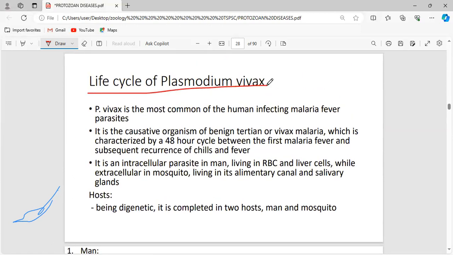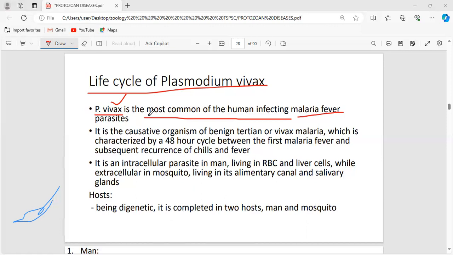And life cycle of Plasmodium vivax. Plasmodium vivax is the most common of the human infecting malaria. Oh, I said it is a virus. No, it is a protozoan. I'm extremely sorry.